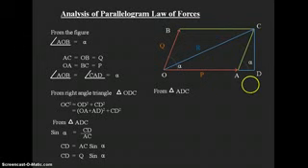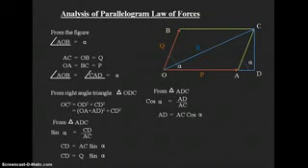Here cos alpha is equal to adjacent by hypotenuse, that is AD by AC. So AD is equal to AC cos alpha. AC is equal to Q, the force Q. So AD is equal to Q cos alpha.